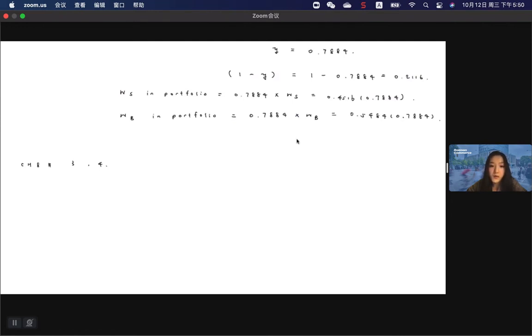Therefore, stock A, so the top one, will have higher firm-specific risk because it has larger dispersion from the security characteristic line.